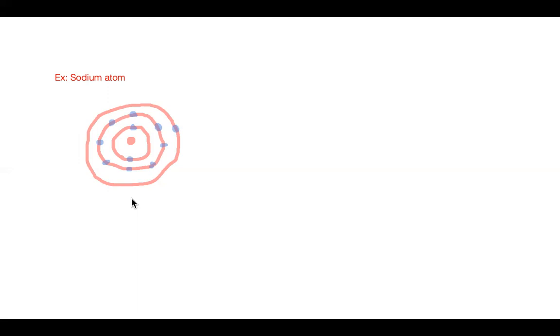How does sodium get 8 electrons in the valence shell? What are the options sodium has? Listen carefully, because according to octet rule, either sodium loses electrons or gains electrons. So can you suggest something to sodium? What can it do to have 8 electrons in the outer shell? What are the options?